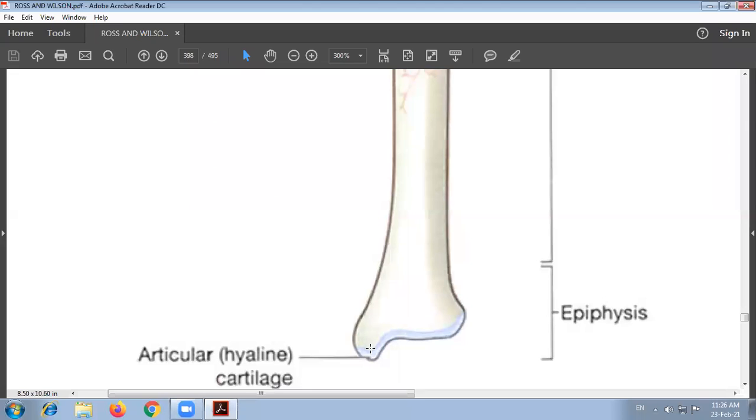To reduce that friction, the hyaline cartilage is present and some lubricants are present while joining the bones.